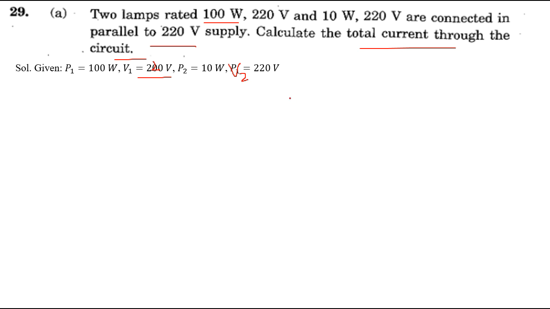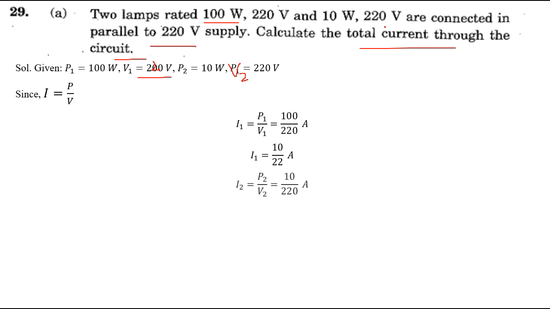We know from the formula that power equals V into I, or you can write I equals P upon V. So I1 equals P1 upon V1, and when we put P1 as 100 watt and V1 as 220 volt, we get 10 upon 22 amperes. Now calculate the current for the second bulb. I2 equals P2 upon V2, that is 10 upon 220, and this gives 1 upon 22.